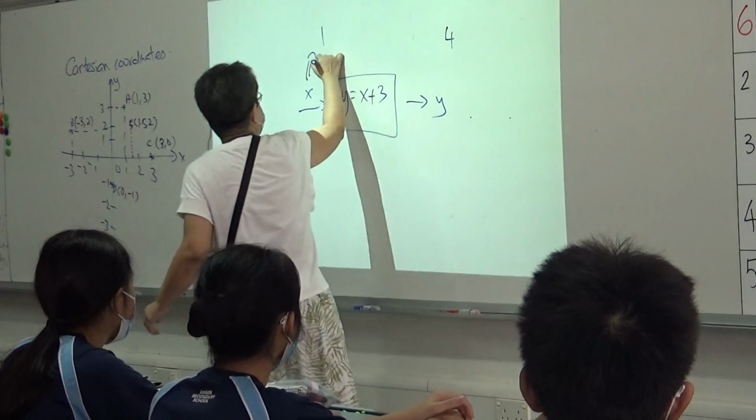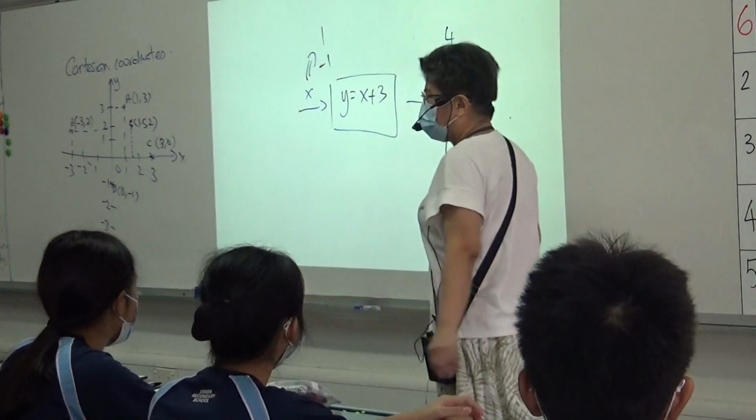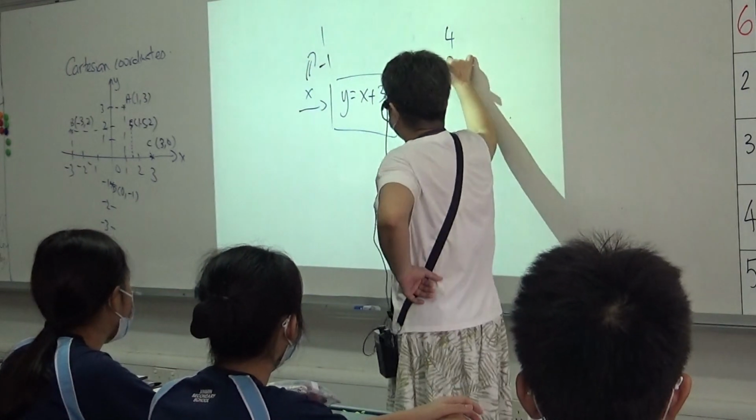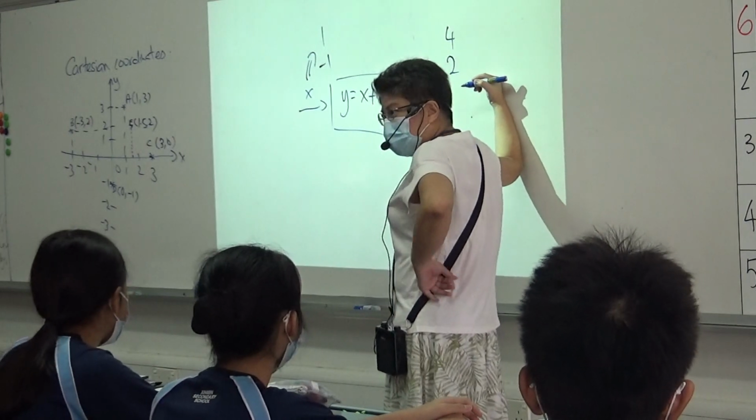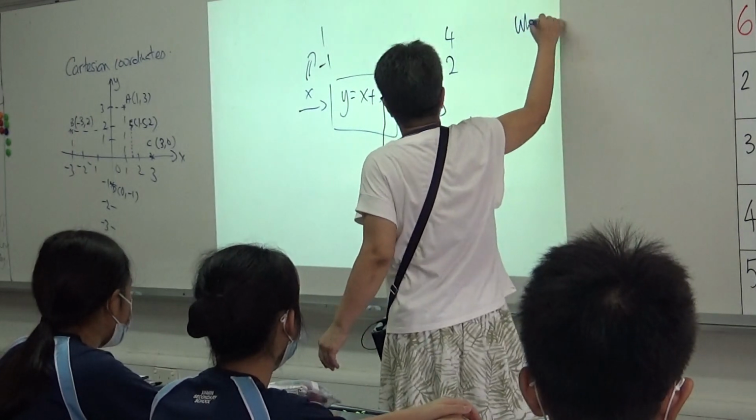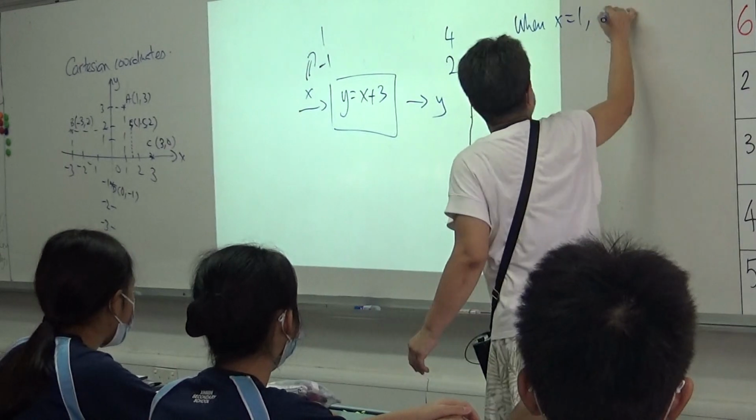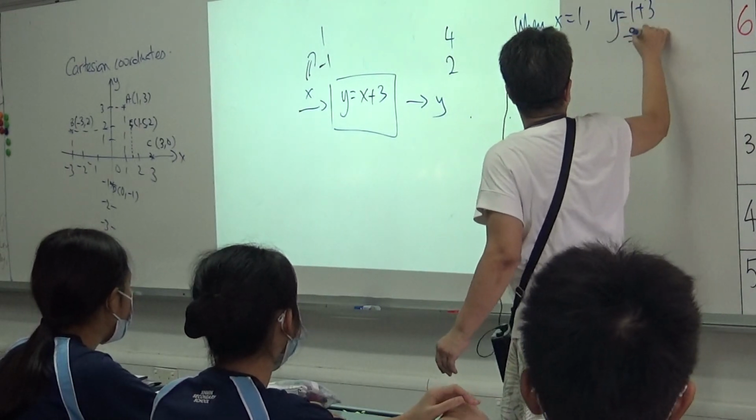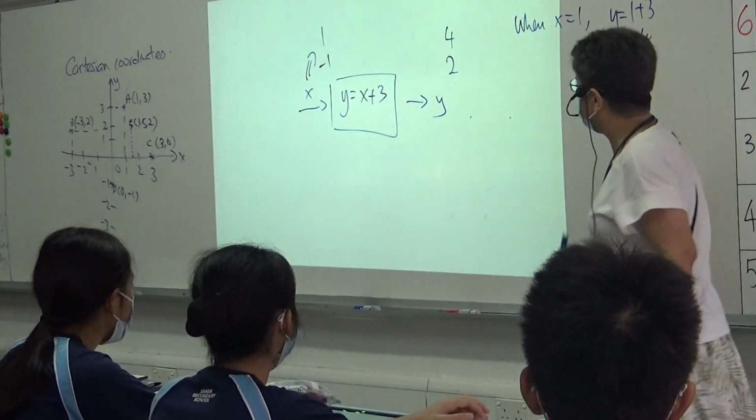What if I put in negative 1? 2 will come out, right? Alright, then how do I represent this? That means when x is 1, y will be 1 plus 3, which is 4, right? Okay?